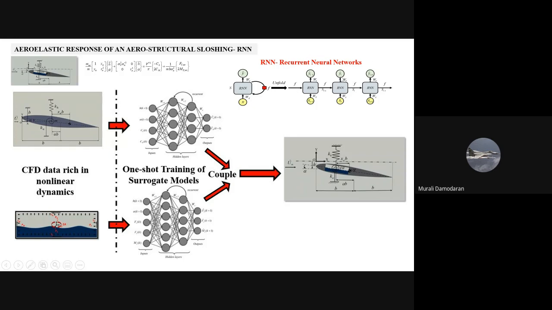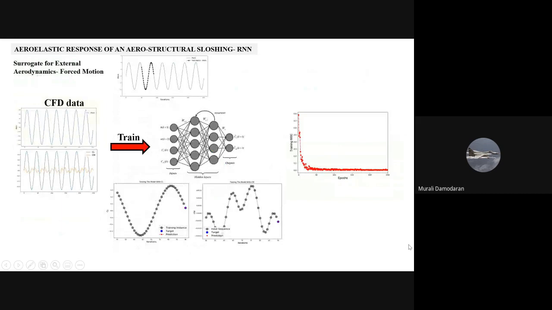RNN networks are used in natural language processing, for predicting speech and language and various other things, in the computer science group. So we just borrowed it and mapped it in this manner, and this will predict everything inside. So instead of running OpenFOAM, I should be able to use these two networks to predict that.